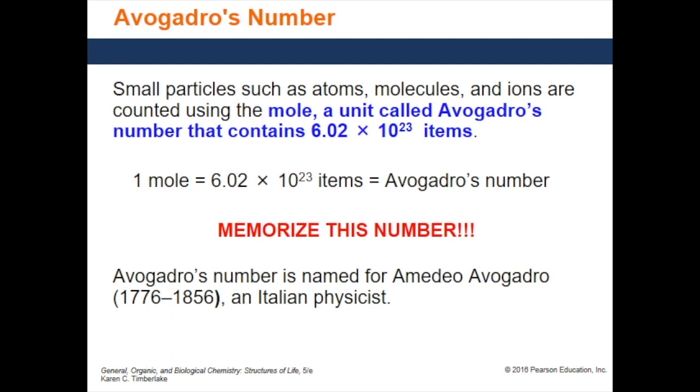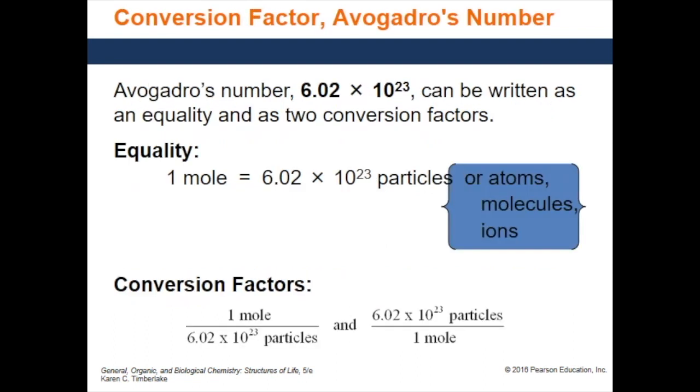Just make sure 1 mole is just a unit defined as Avogadro's number. So basically you could say 1 mole is these many particles. Particles can be atoms, molecules, or ions.